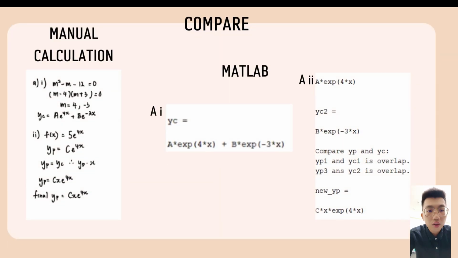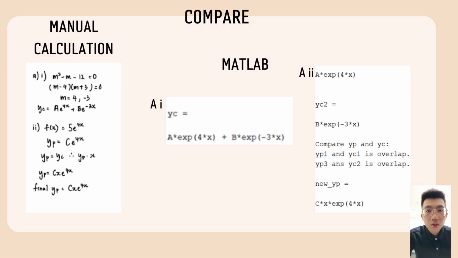So I would like to compare the final answers of the manual calculations with the output of the MATLAB. For question A1, find the homogeneous solution yc equal to a e^(4x) plus b e^(-3x).